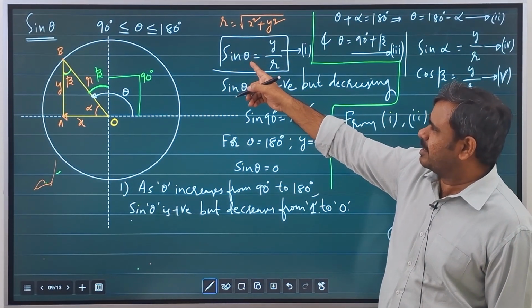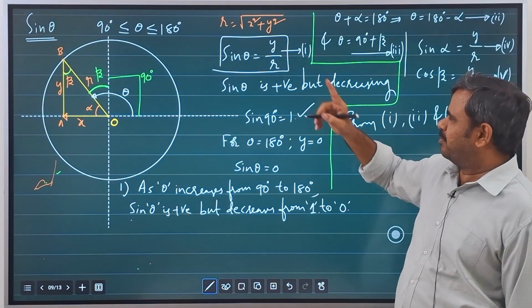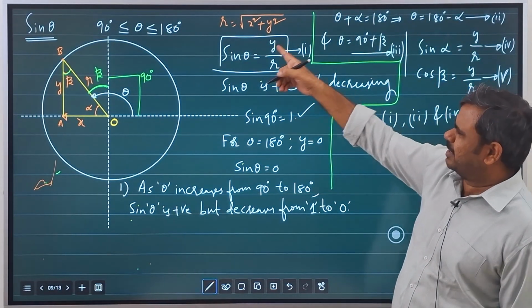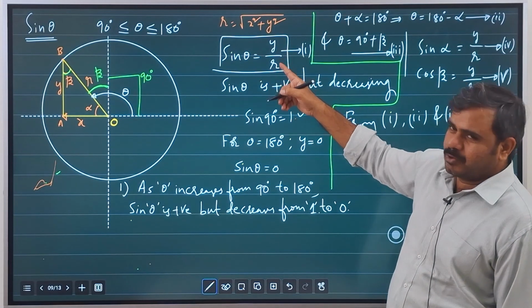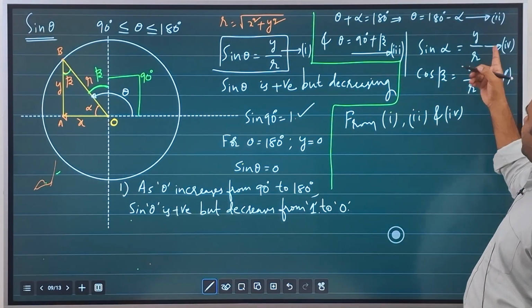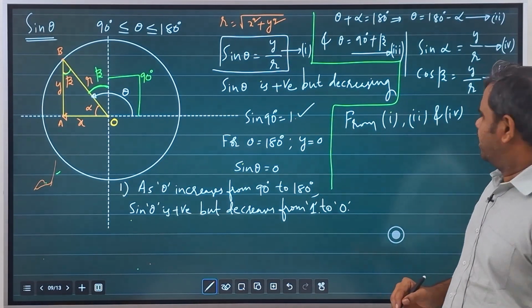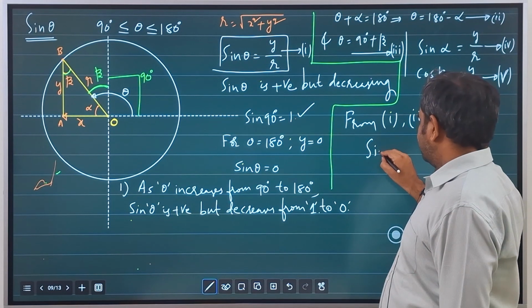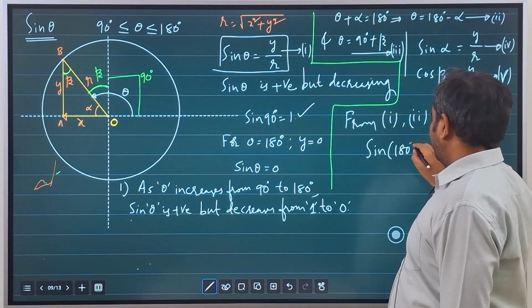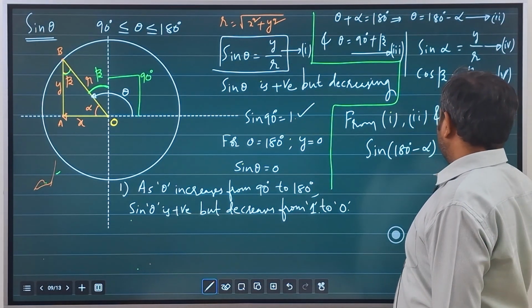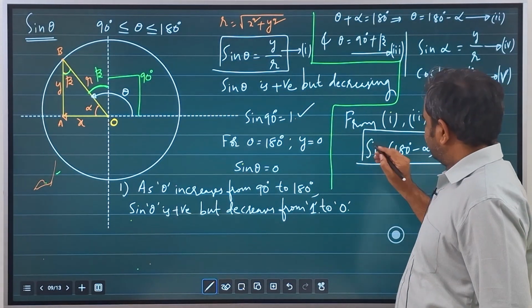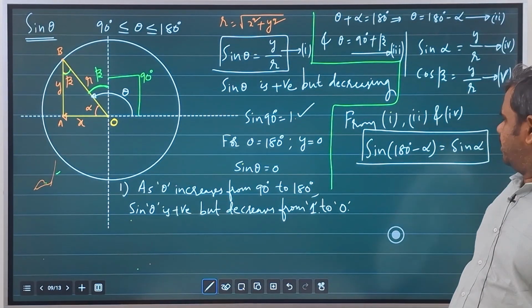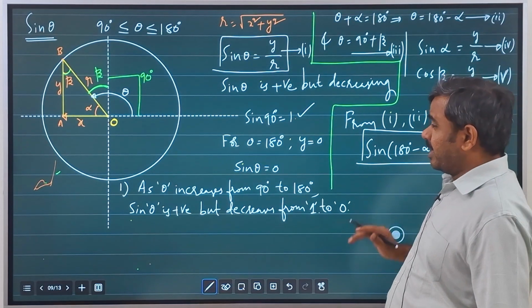Sin 180 degrees minus alpha is equal to y by r, because theta is 180 degrees minus alpha. Sin alpha is also equal to y by r. It means sin 180 degrees minus alpha is equal to sin alpha. Okay, this is one more trigonometric identity.